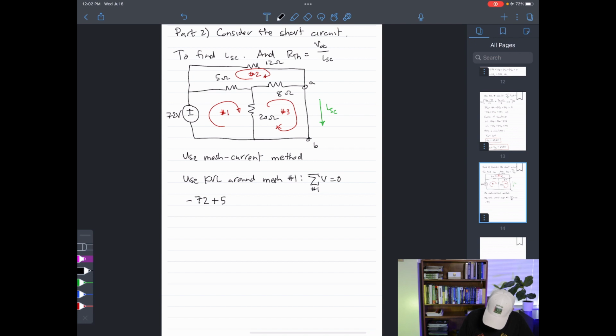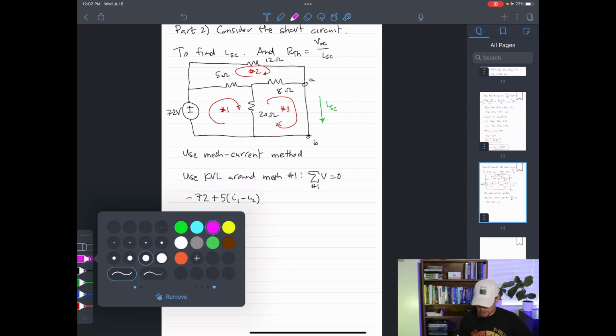Then, as I go downward through the 20 ohm resistor, I am going in the same direction as I1 and in the opposite direction as I3, so it is 20 times I1 minus I3. Those are the only components in that loop. The sum of those voltages must add up to 0.